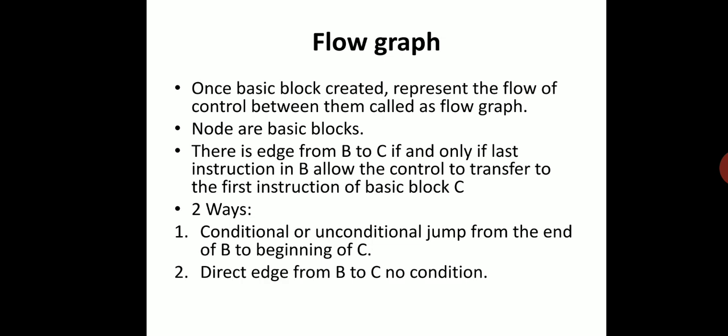Nodes of the flow graph are the basic blocks. There is an edge from B to C if and only if the last instruction in B allows the control to transfer to the first instruction of basic block C. We have two ways: conditional or unconditional jump from the end of B to the beginning of C.